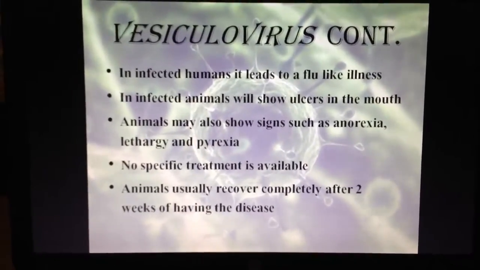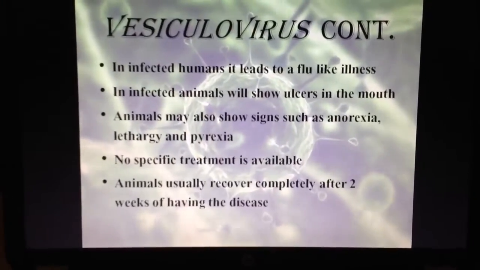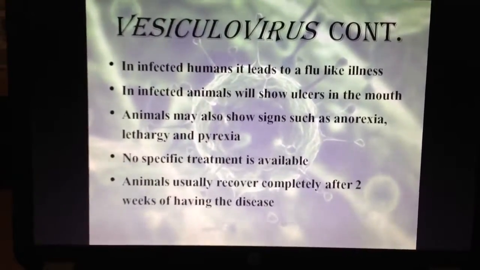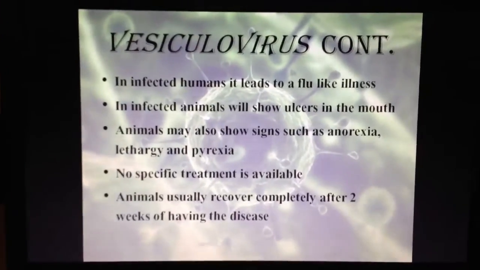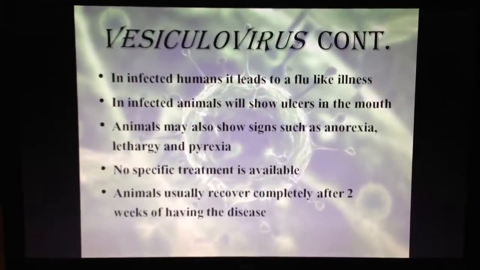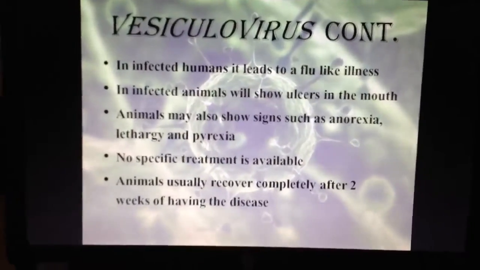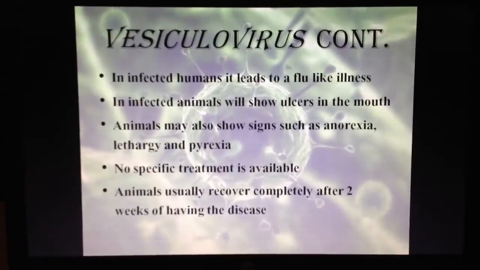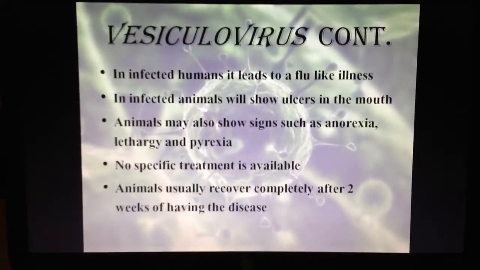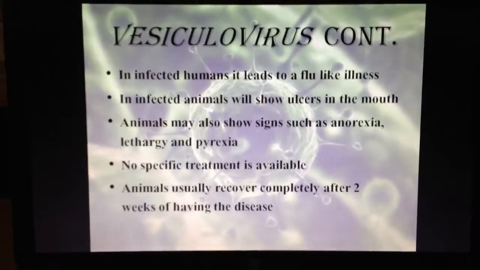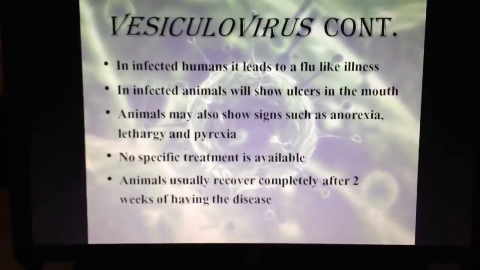In infected animals, it will show ulcers in the mouth. Animals may also show signs such as anorexia, lethargy, and pyrexia. There is no specific treatment available for it. Animals usually recover completely after 2 weeks of having the disease.